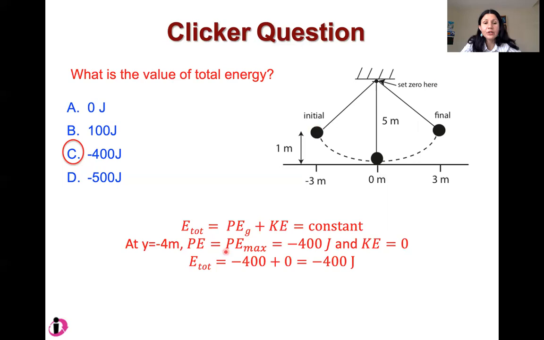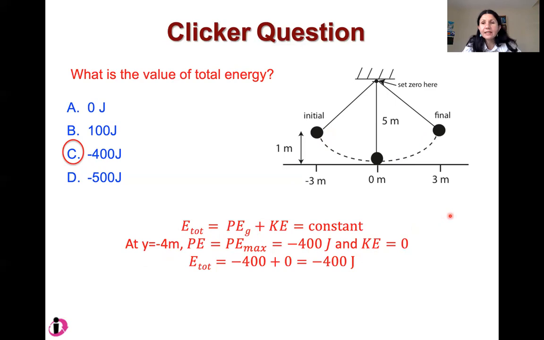So the total energy up there, at minus 4 meters, is just going to be the potential energy, which we calculated in the previous question to be minus 400 joules. Kinetic energy is 0 there, so the total energy is minus 400 joules. Once we know it there, we know that everywhere along this path, it's going to be minus 400 joules.